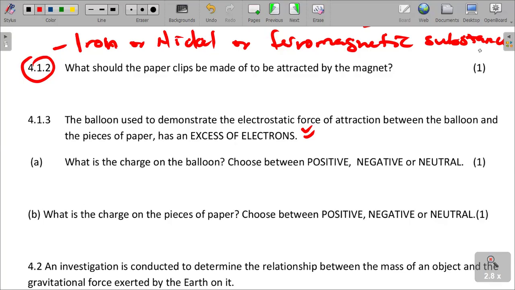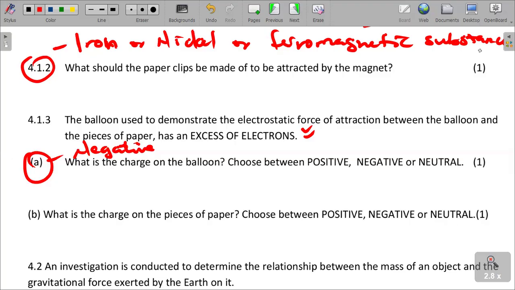Hence, for it to attract those pieces of paper, it must have a negative charge.